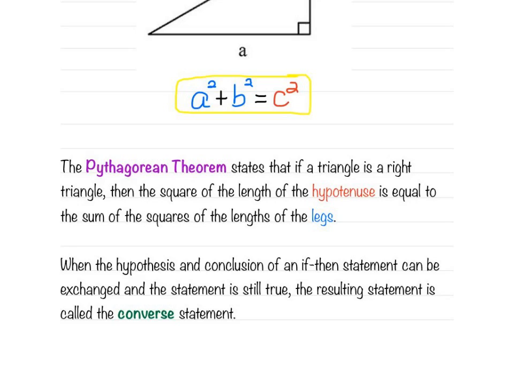And conversely, if the sum of the squares of the length of the legs is equal to the square of the length of the hypotenuse, then you can state that it is a right triangle. The ifs and the thens can be interchanged.